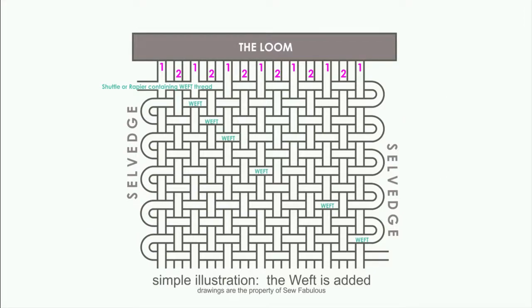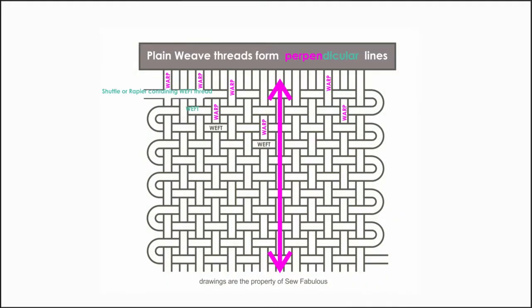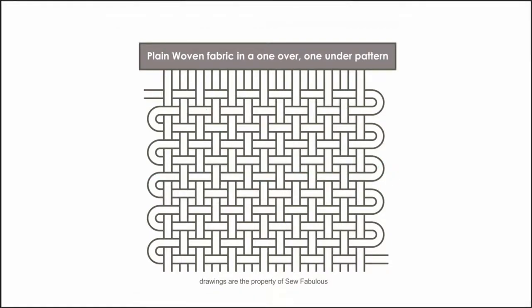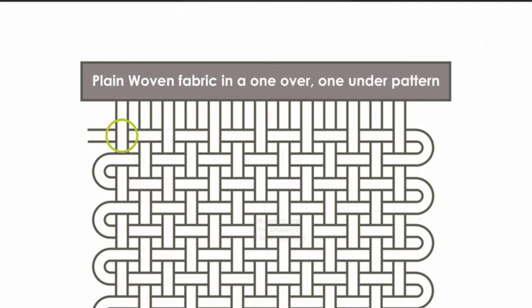These long sides are called the selvage. The warp threads and the weft threads are perpendicular to one another. And that is how a plain woven fabric is constructed in a 1 over 1 under fashion.